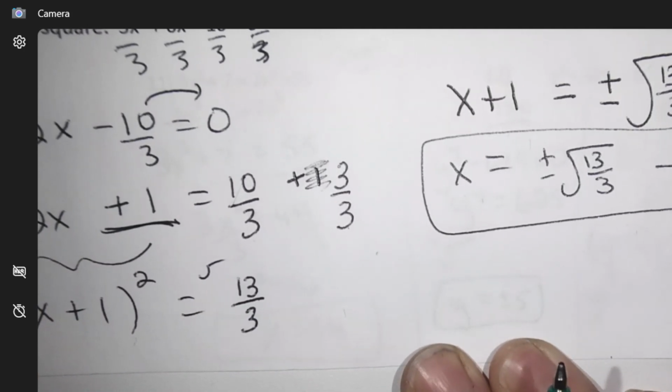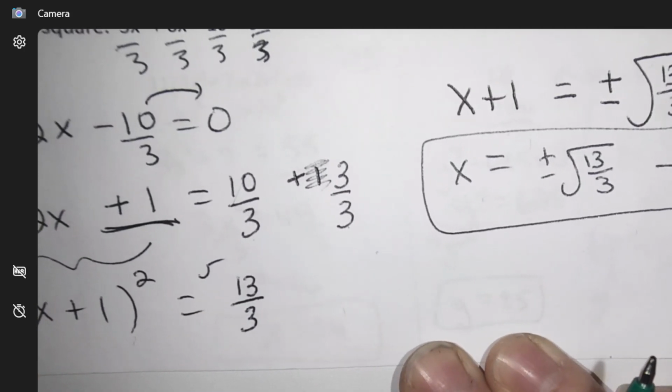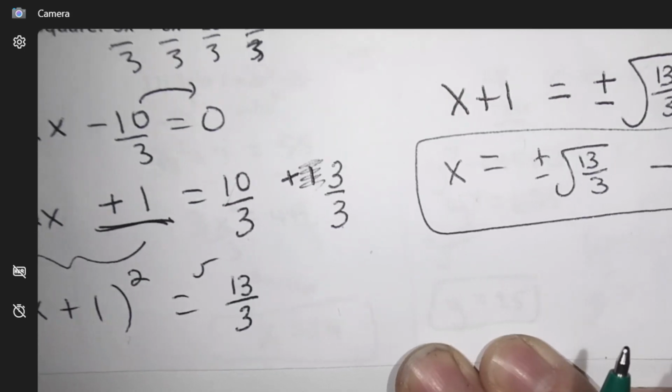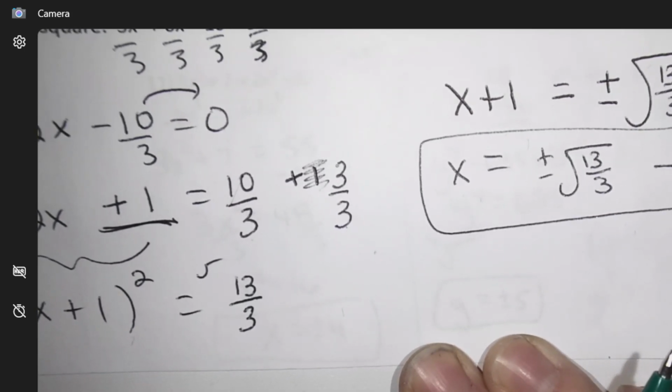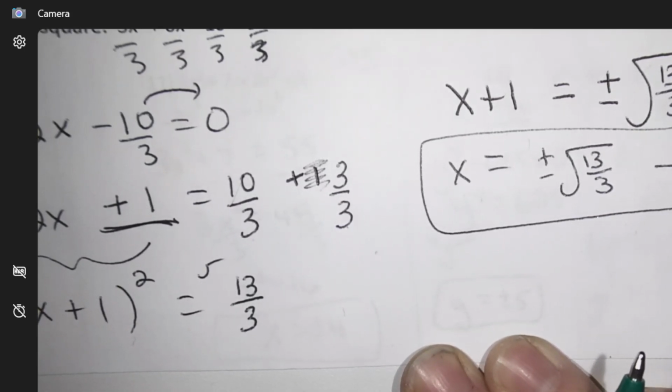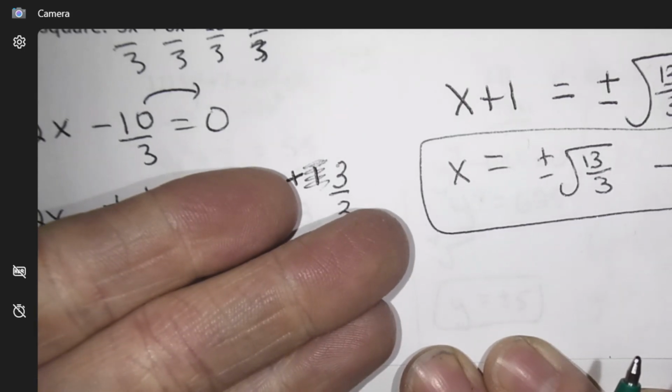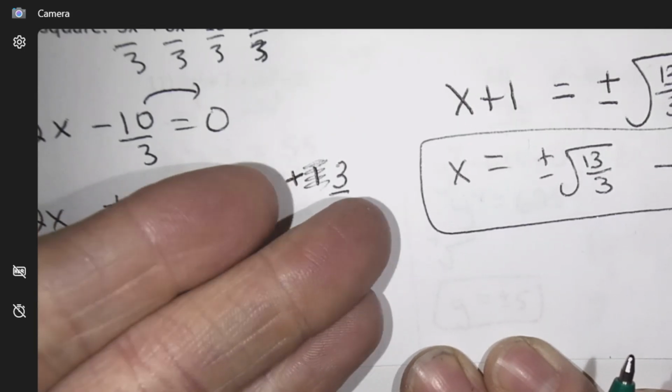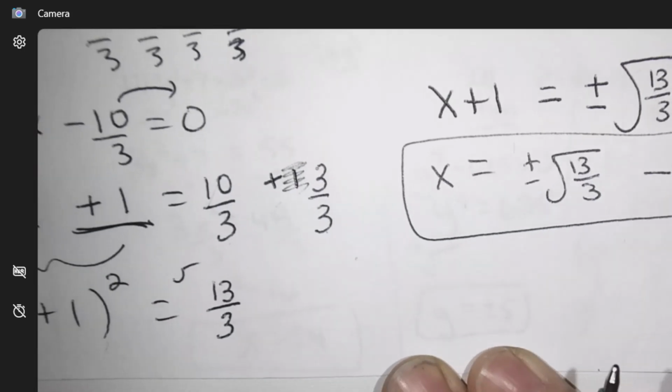Okay, I want you to leave your answer like that, but I have an extension question on your test where I say, can you try to make this a decimal answer now as well? Can you give me your 2 answers as a decimal and then we're done?